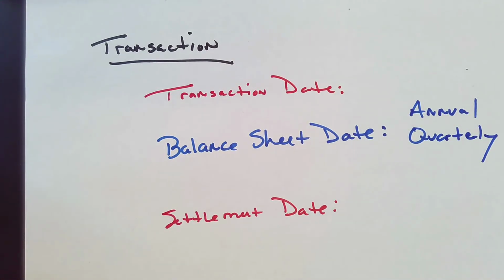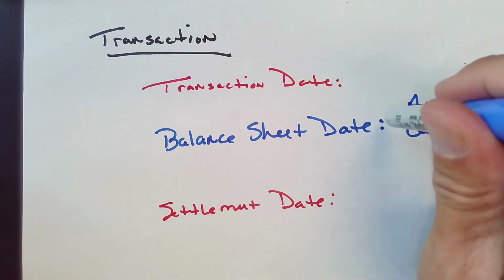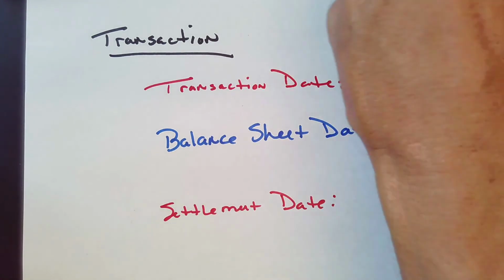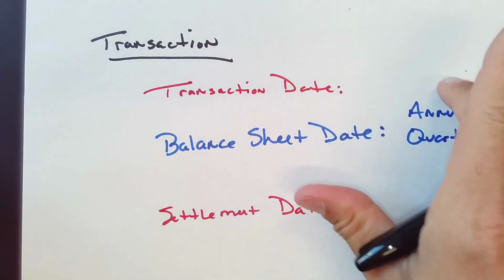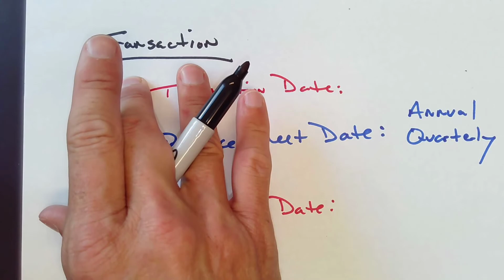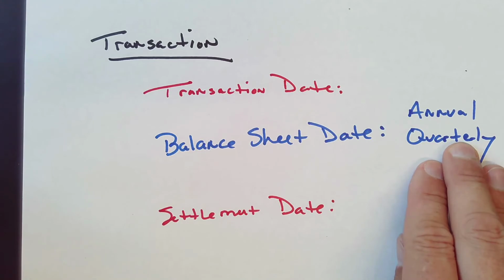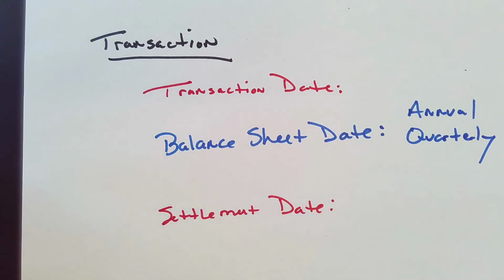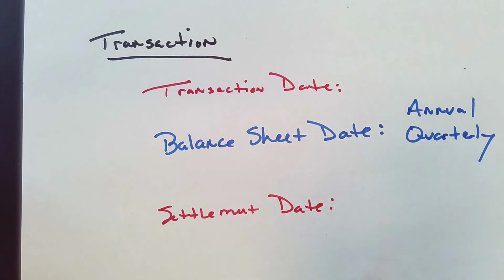If your balance sheet date is between your transaction date and your settlement date, on the balance sheet date, you have to revalue all of these transactions to whatever is the current exchange rate. Have to do it. So when we took a look at that particular part of the literature, it said it has to be recorded at the functional currency.